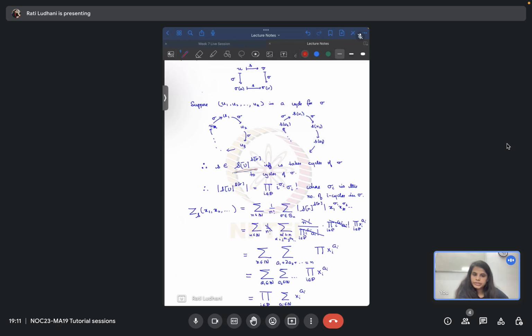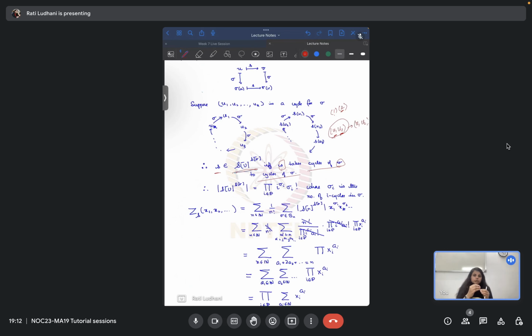S is a permutation. It will belong to the fixed point if and only if S takes cycles of sigma to cycles of sigma. So for example, in your situation, sigma is U1 U2. Now S is 1 and 2. So 1 is mapping to 1, so it is okay. 2 is mapping to 2, then it is okay. So it is mapping this element to itself.